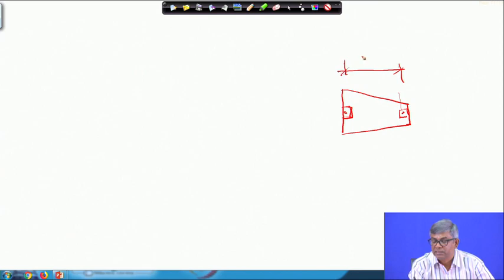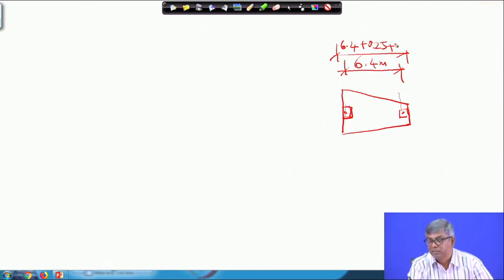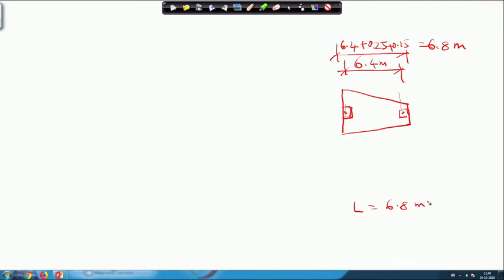This distance is 6.4 meter, and then outer to outer distance will be 6.4 plus half of this 500, that is 0.25, plus half of this 300, that means 0.15. All together it will be 6.4 plus 0.4, that is 6.8 meter. So, that L becomes 6.8 meter.